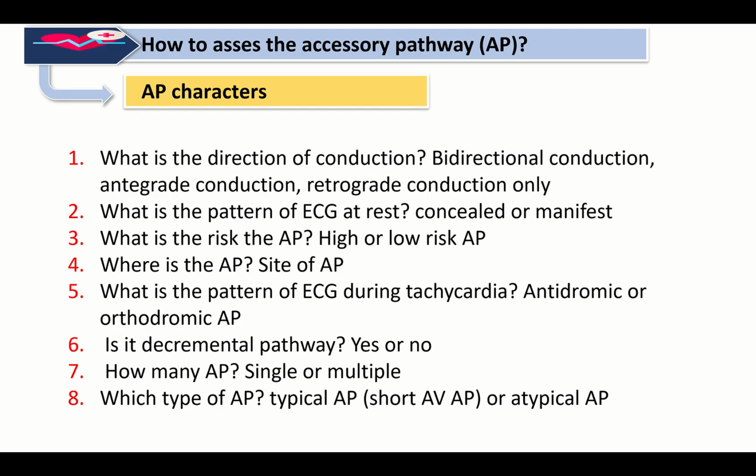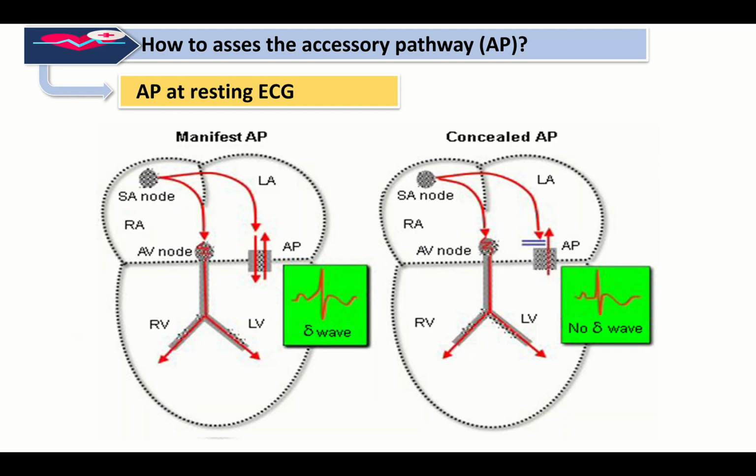However, there is exception, accessory pathway with decremental conduction. Number 7, usually it's a single accessory pathway, but occasionally it may be multiple accessory pathways. How can we confirm and reach the diagnosis of multiple accessory pathways? Finally, is it a typical short atrioventricular accessory pathway, or is it atypical like nodoventricular, Mahaim accessory pathway?